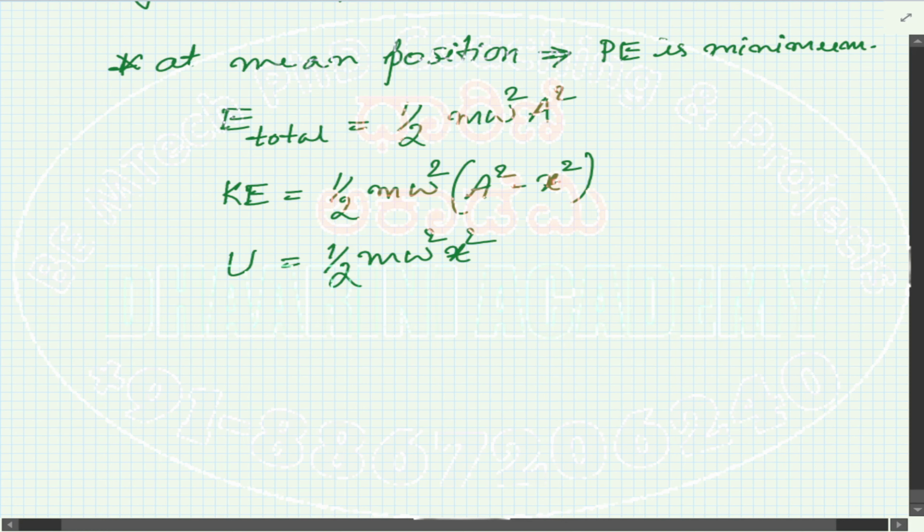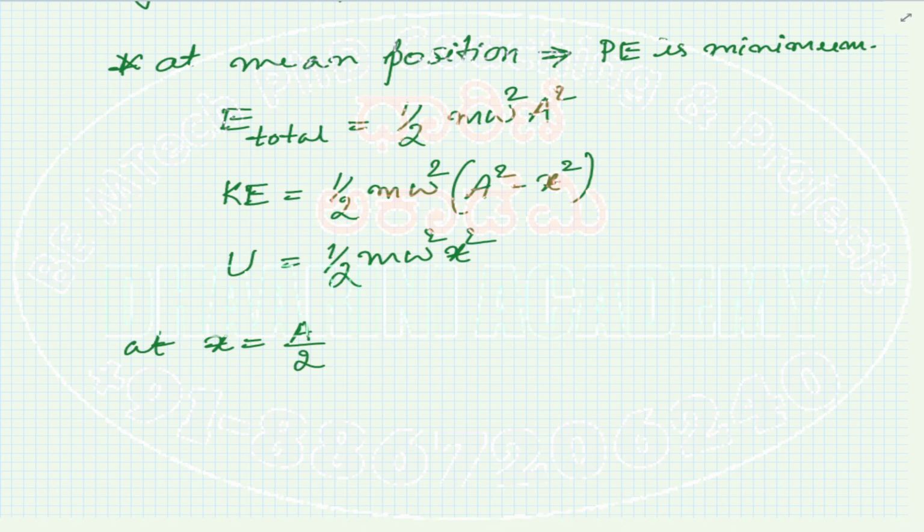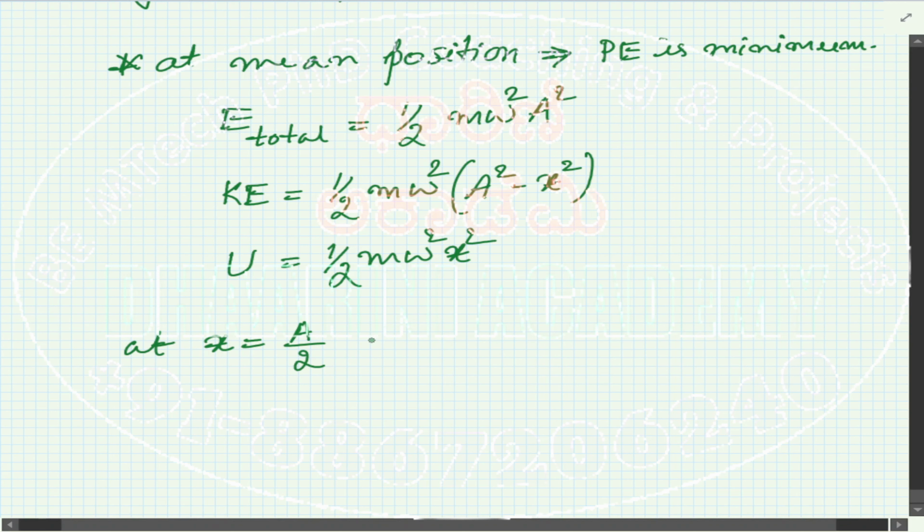All right, the first part of the question says that at a given point, x equal to half of A, that is A by 2, we have to calculate the kinetic energy. At x equal to A by 2, displacement is half of the amplitude.